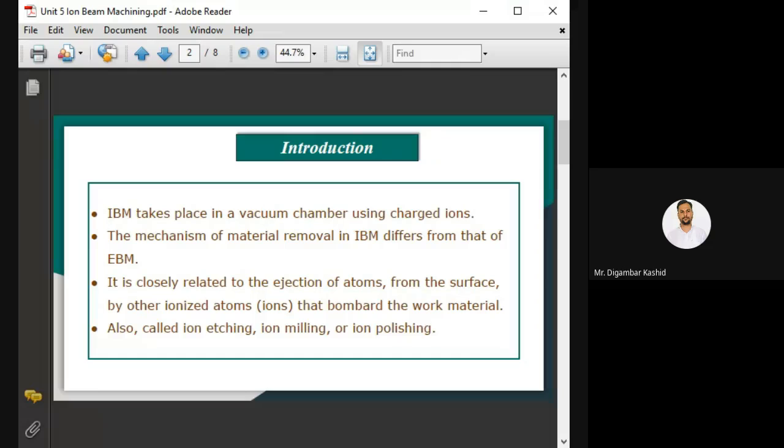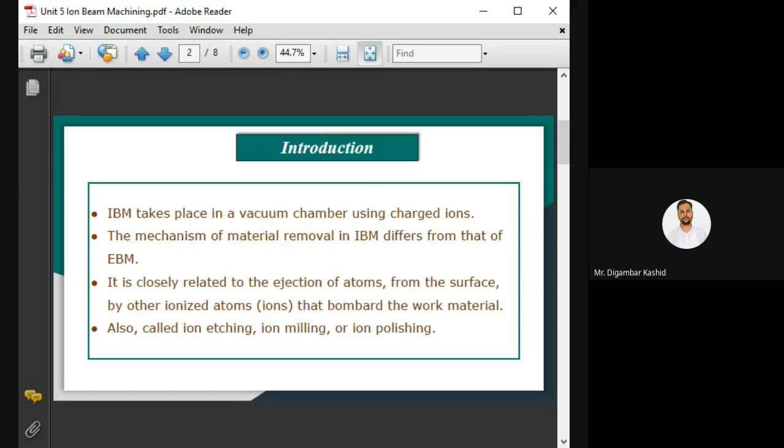So, okay, come to our IBM. IBM is what? Ion beam machining. This IBM process takes place in a vacuum chamber, as our electron beam machining process also takes place in a vacuum.